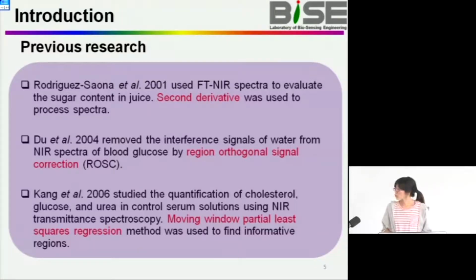And the moving window partial least squares regression method was used to find the informative spectra from the NIR spectra of serum solution.